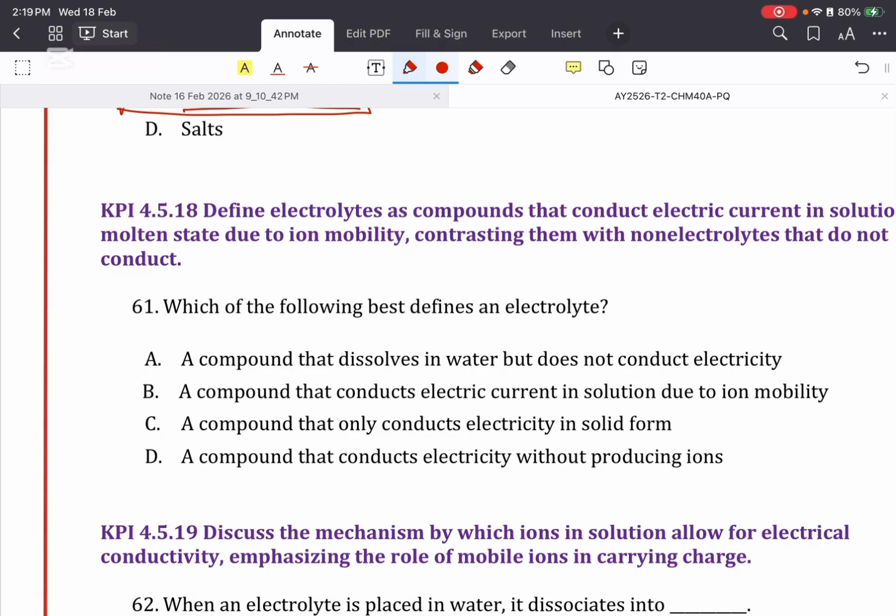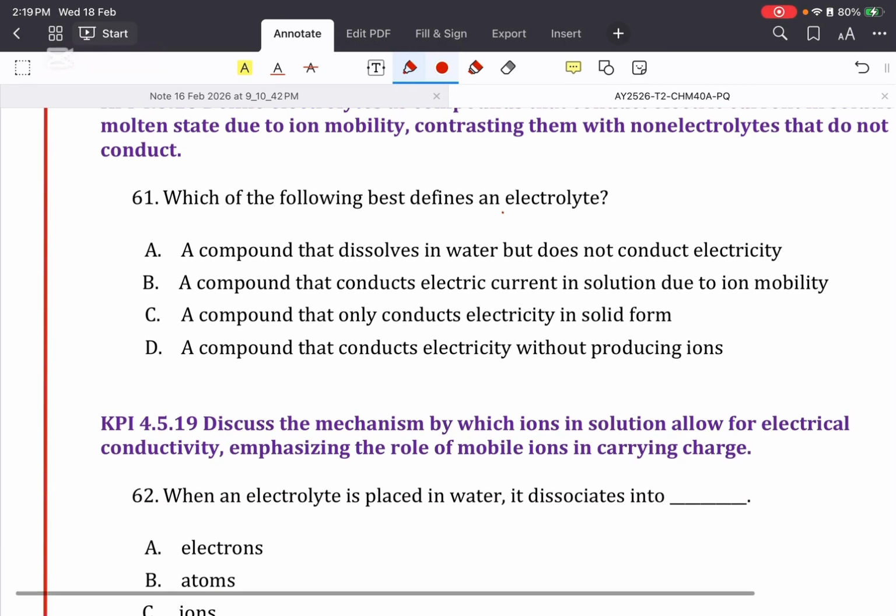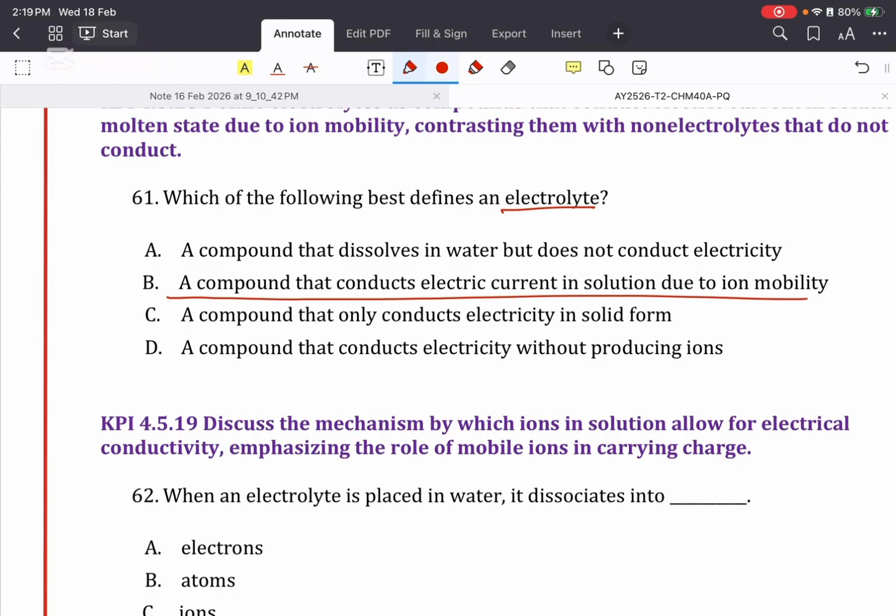Which of the following best defines an electrolyte? Electrolyte is a substance, is a material. It's a compound that when dissolved in water, it conducts electricity. So it conducts electricity, and here, additionally, due to ion mobility.